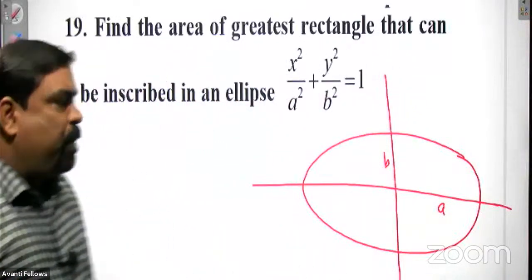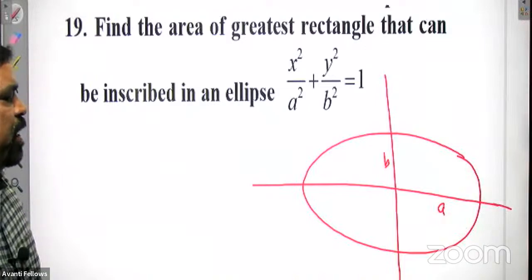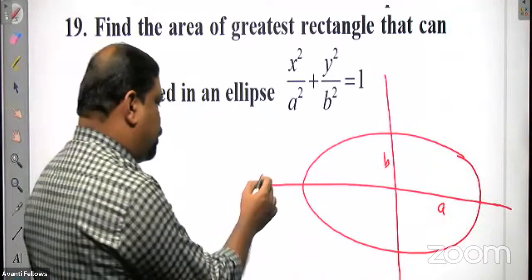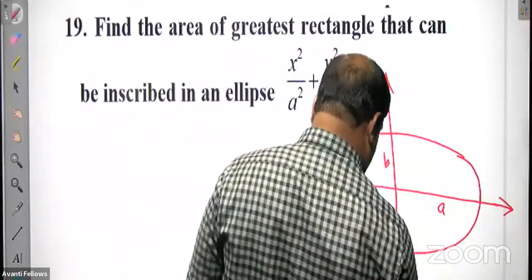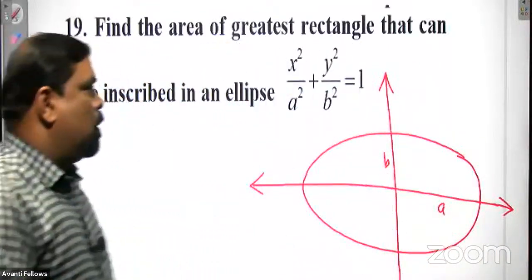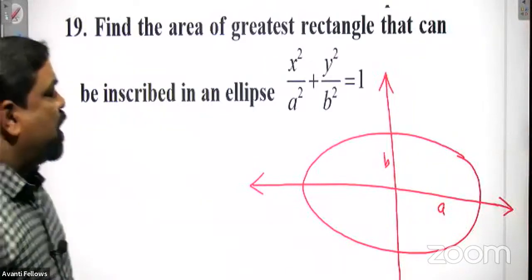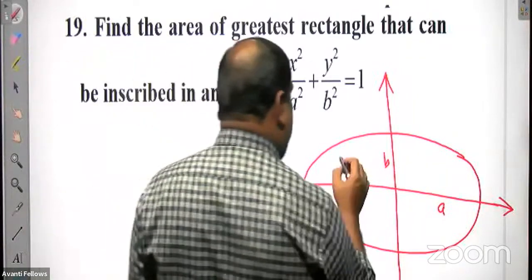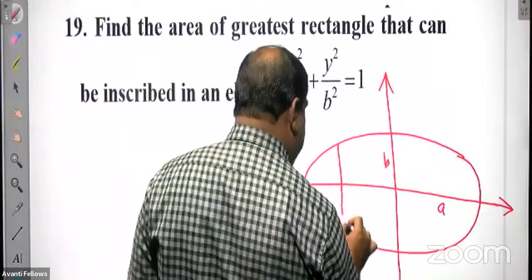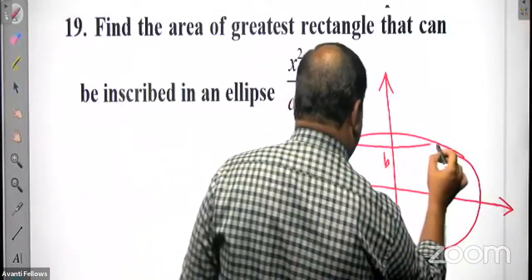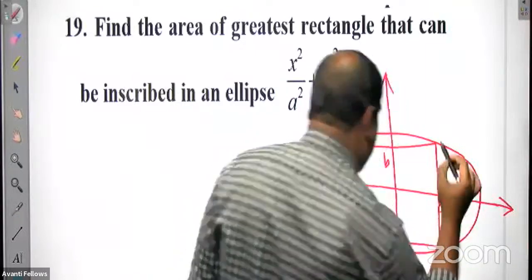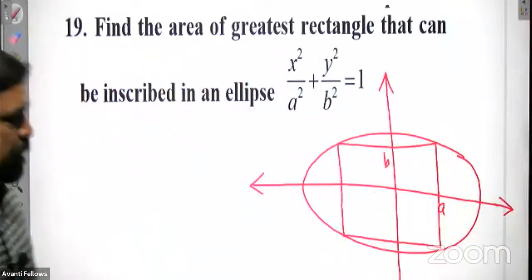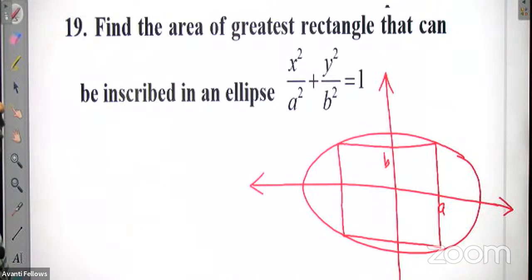A and B are the semi-major axis and semi-minor axis respectively. So we have to inscribe a rectangle inside this ellipse, like this, okay?